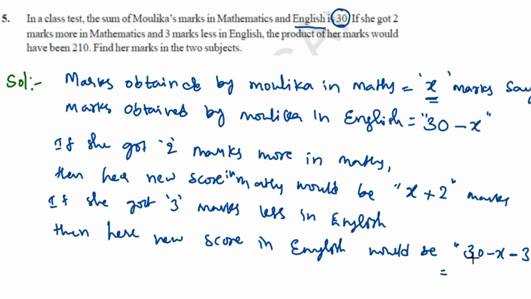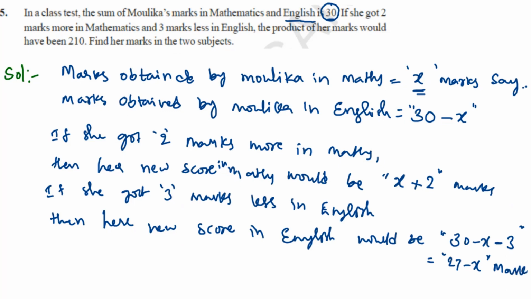So we can simplify this. By subtracting 3 from 30 we get 27, so 27 minus x. 27 minus x is the new score of Moulika in English after reducing 3 marks from her exact score. So now we have the two new scores, that is x plus 2 in maths and 27 minus x in English. And next what we have to do?